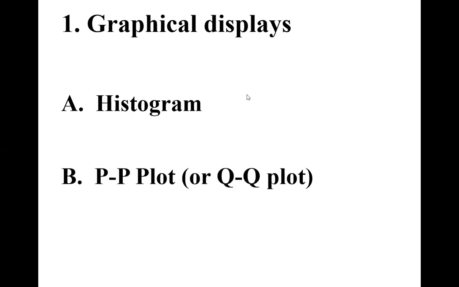There are two ways. One is through the histogram. I told you, if the shape of the curve is normal, looking like this, then you can say your data is normally distributed. The second method is the probability plot, the pp plot, or qq, meaning quantile plot.